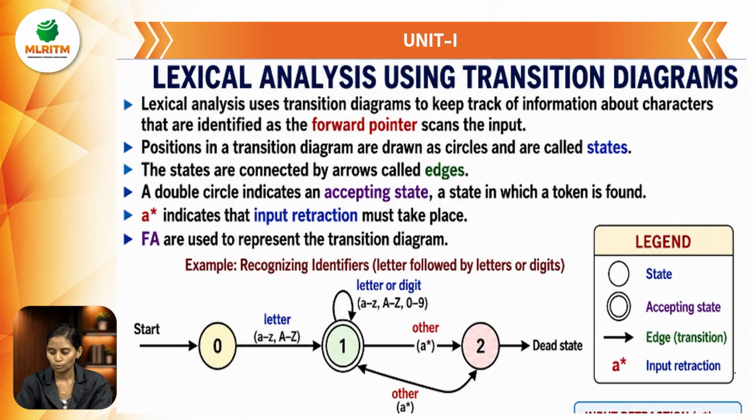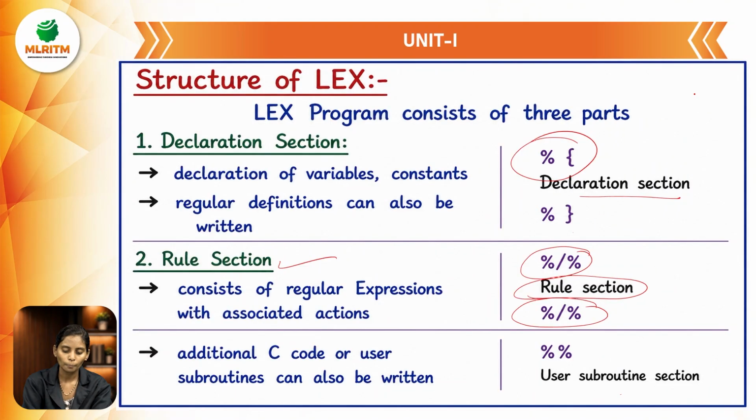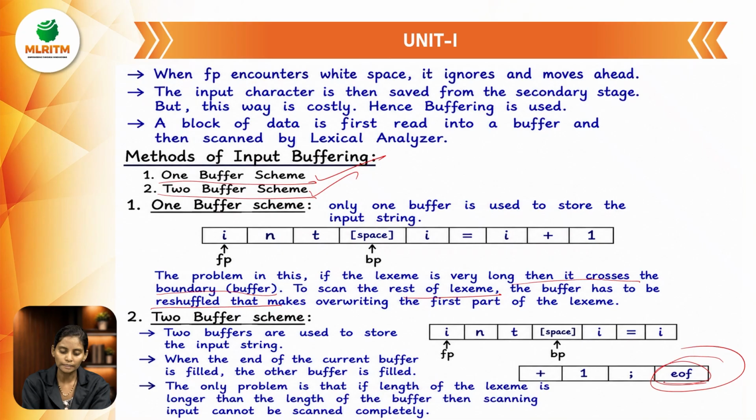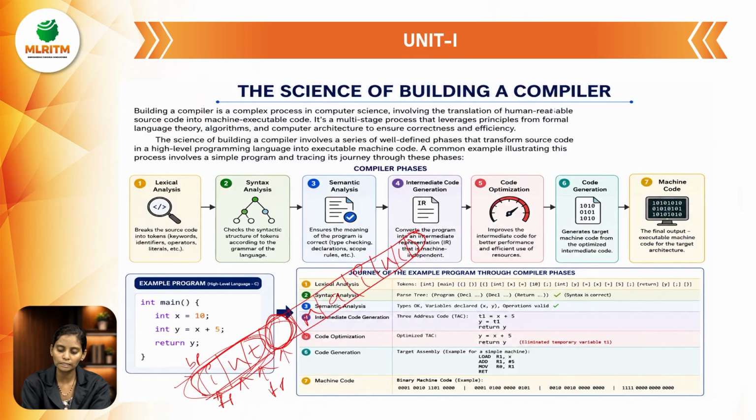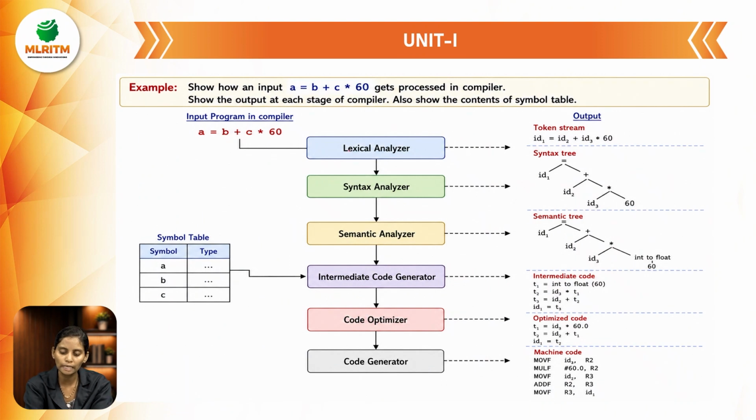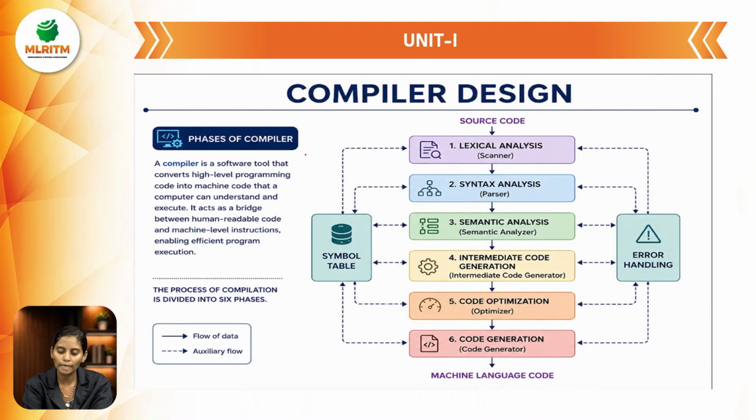Next we are going to discuss the lex analyzer. Here we see how the lex analyzer uses a transition diagram. First of all, in order to access data between the symbol table and the lexical analyzer, and how data is accessed from the lexical analyzer to the symbol table.